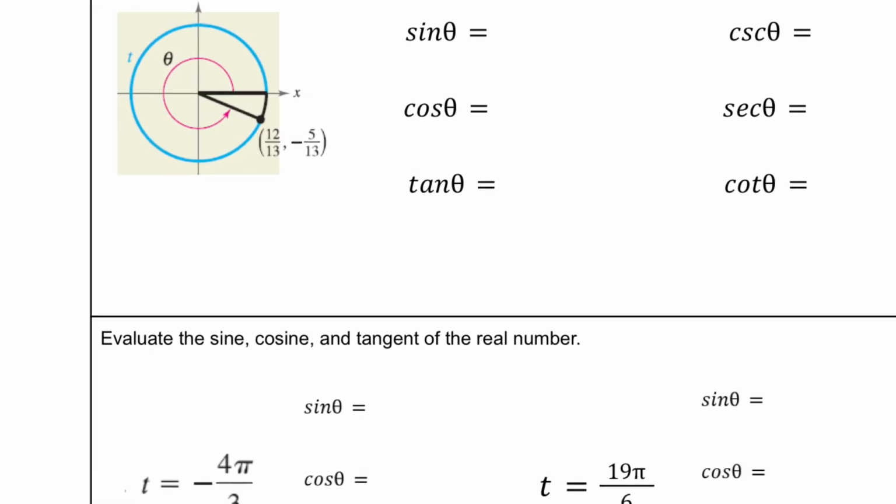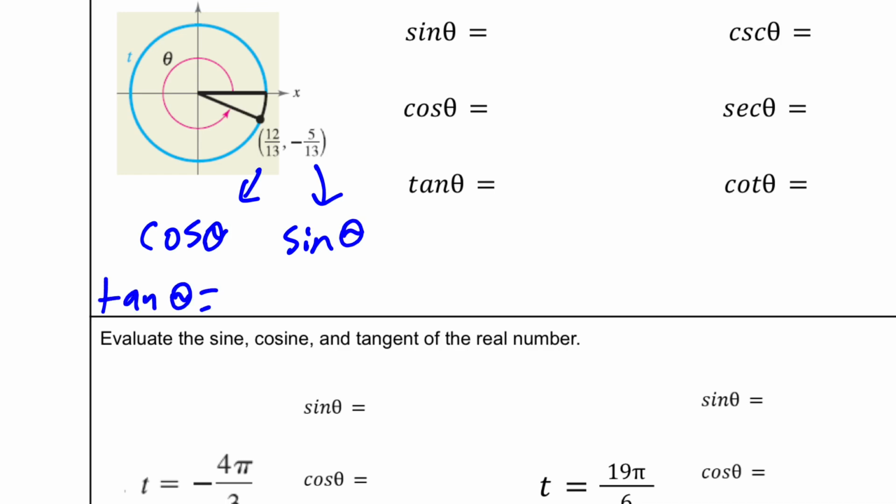Alright, time for 4.2. So first of all, let's remember that the x-coordinate is like the cosine of theta, and the y-coordinate is like the sine of theta. So if we think about tangent of theta, that's the ratio of sine compared to cosine, which we can think of as y over x.